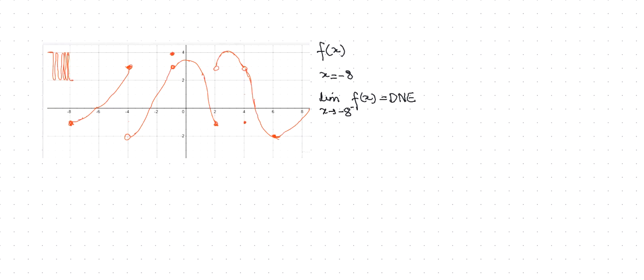Okay, and we already see that f(-8) is -1. Okay, this value.